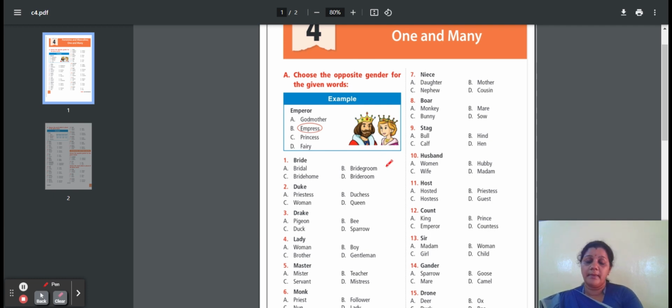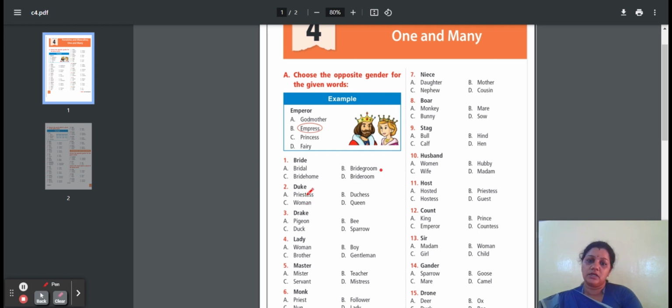Bridegroom, a man just before his wedding day. Bride home, a public hall for celebrating marriages. Bride room, a special set of rooms for couples. So, here is the option B, bridegroom. The opposite gender for bride is bridegroom.